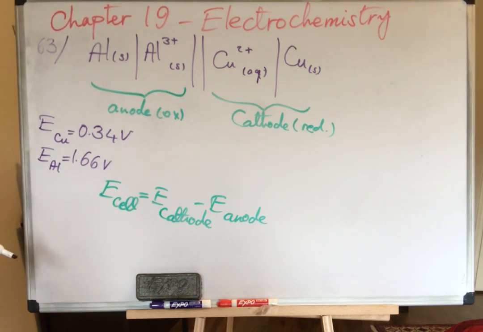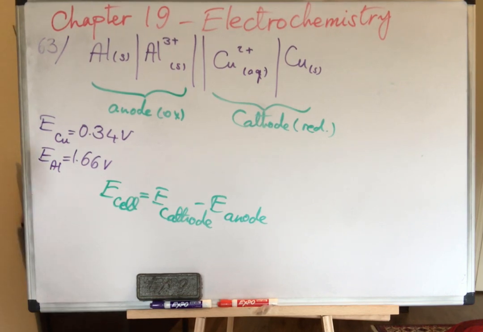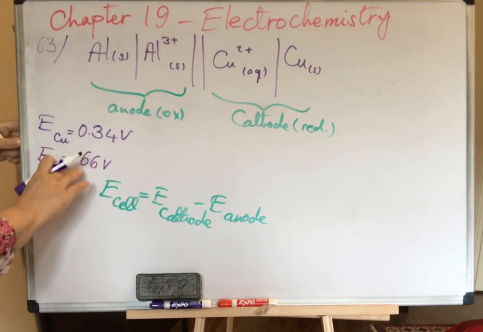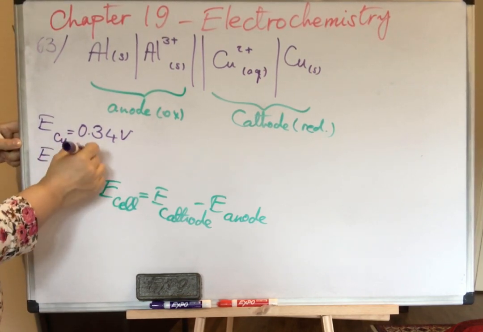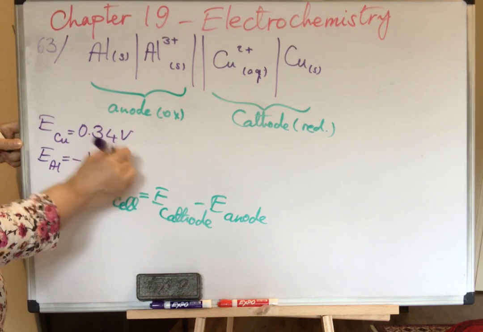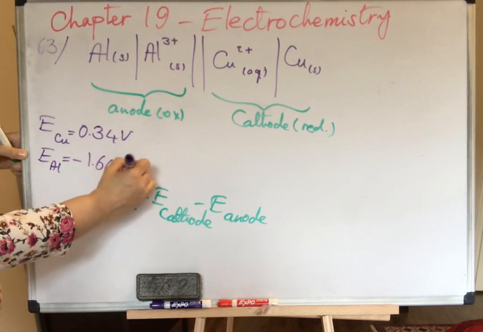Then now E of cell is, or you can just keep it as, wait a minute, let me go and check that. For aluminum, you have minus 1.66. Okay, so let's keep it as minus 1.66 regardless of what you have. We said the more negative one is for anode, right?